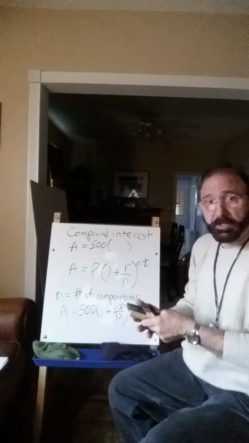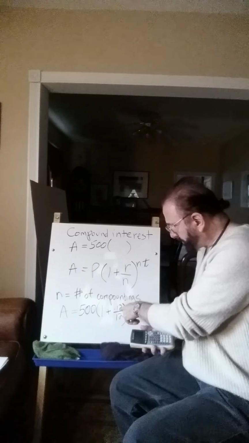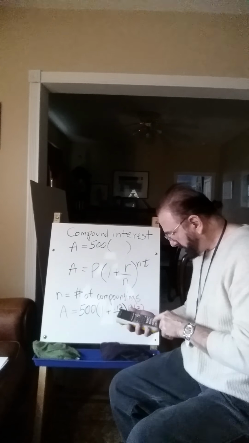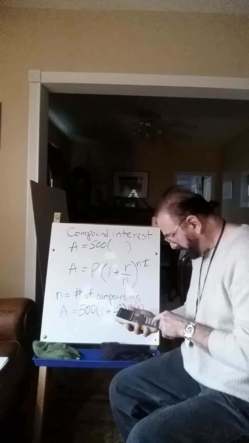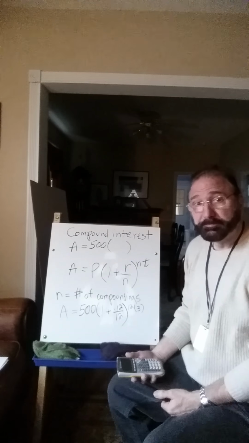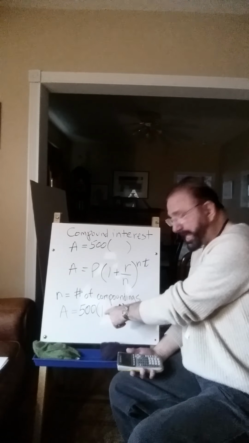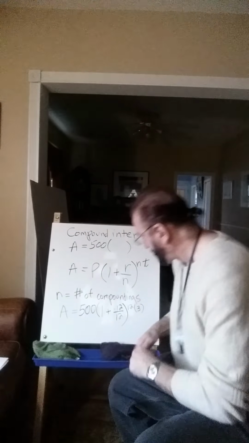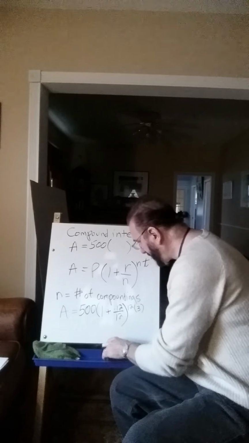I'm going to my calculator. The first thing I'm going to do is I'm going to divide 0.12 by 12. You get 0.01. Well, I got to add the 1 to that. Okay, so it's 1.01. All right.